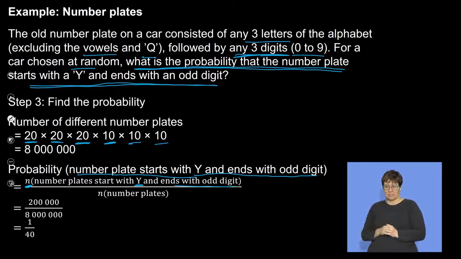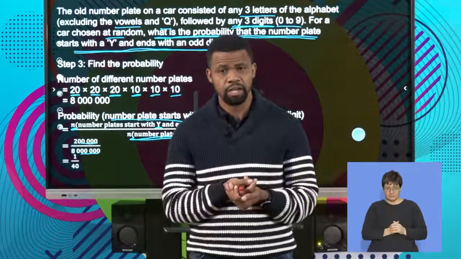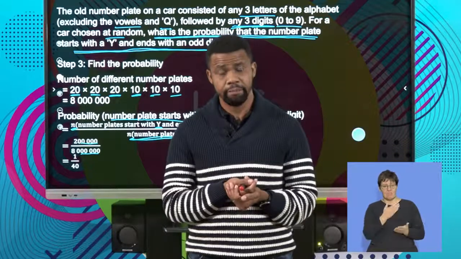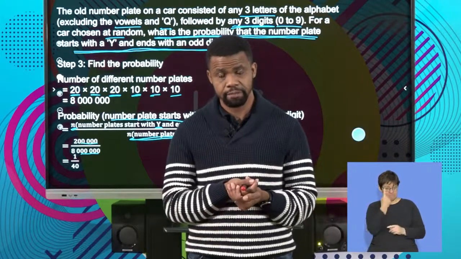We have already calculated that, over the total number of number plates. So what we had was 200,000 divided by 8 million. Are we together? You simplify that, what do you get? You get 1 over 4. You can leave your answer as a fraction. That's the probability. Are we all together? Makes sense? Okay.